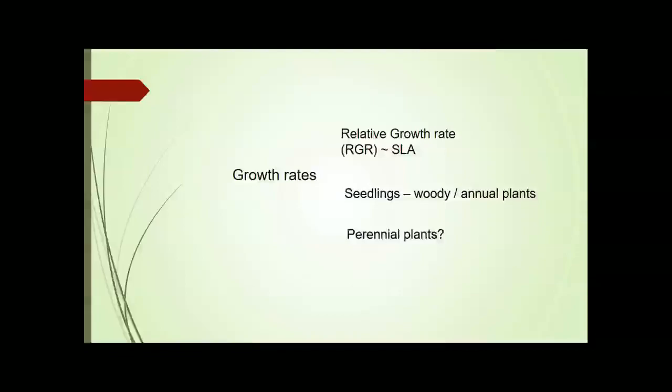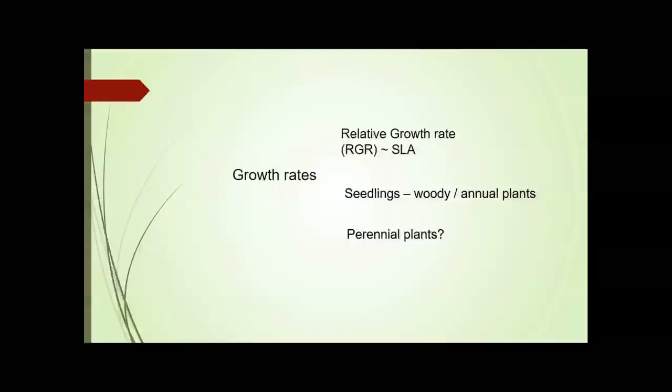What could be the driver for growth rates? Many studies show that relative growth rate is related with specific leaf area. But most of the studies come from the seedlings of woody species or annual species. Then what about the growth rates for perennial plants?